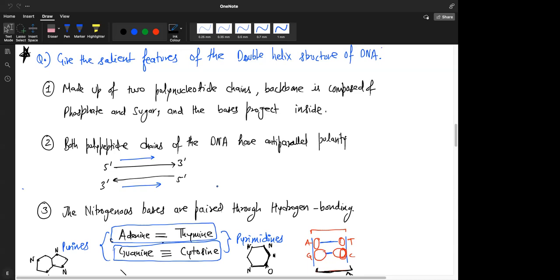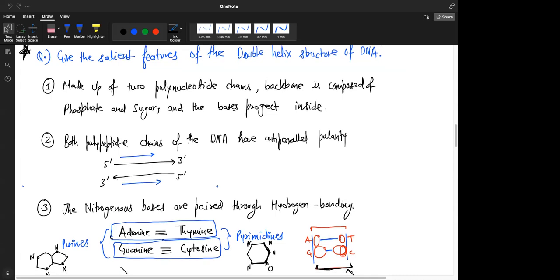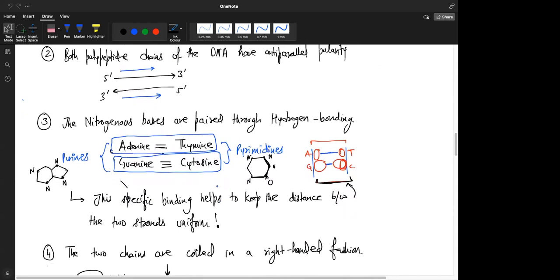The third point is the nitrogenous bases are paired through hydrogen bonding. Adenine forms 2 hydrogen bonds with thymine. Guanine forms 3 hydrogen bonds with cytosine. Always a purine binds with a pyrimidine. This specific binding helps to keep the distance between the 2 strands uniform.